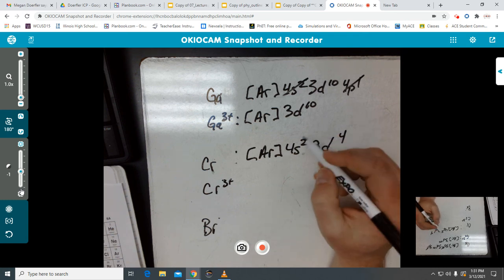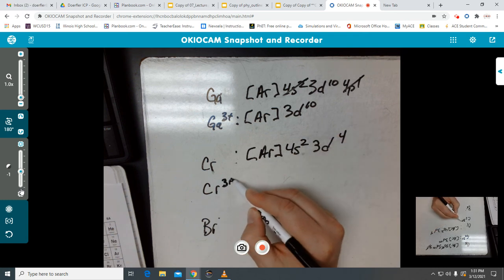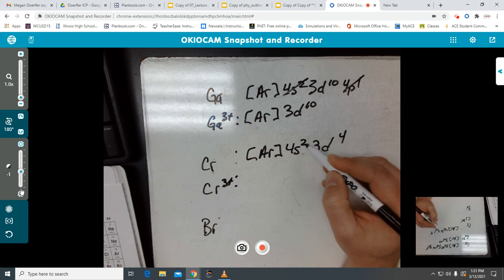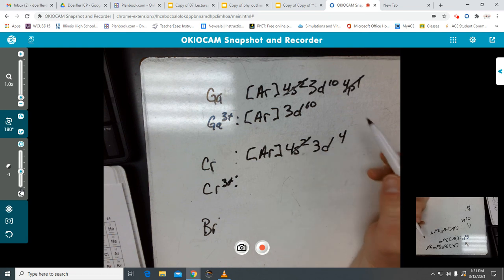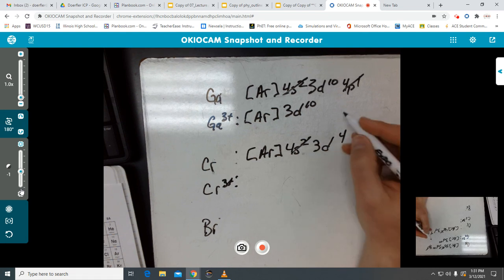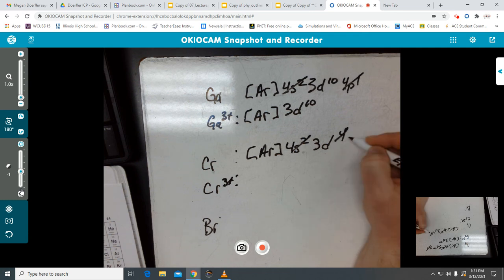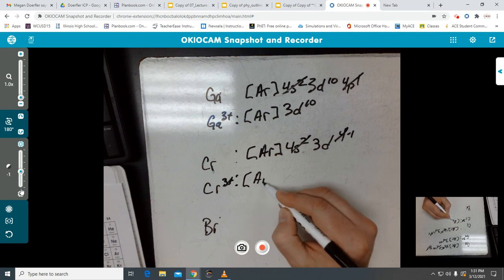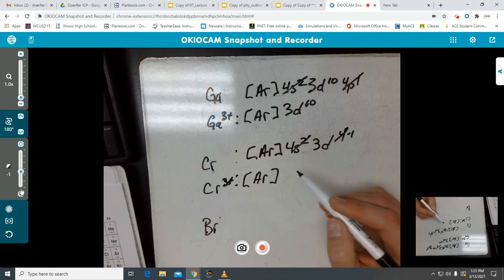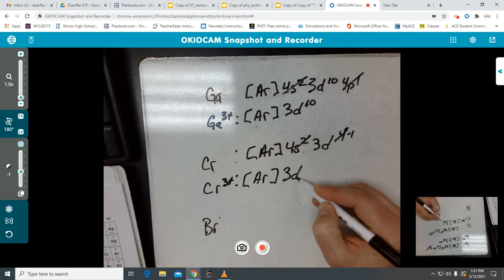But in order to get a 3+ charge, first we have to remove 2 electrons from the 4s, because that's the highest principal quantum number, and then we have to remove 1 from the 3d. And so our new ionic electron configuration for Cr3+ is [Ar]3d3.